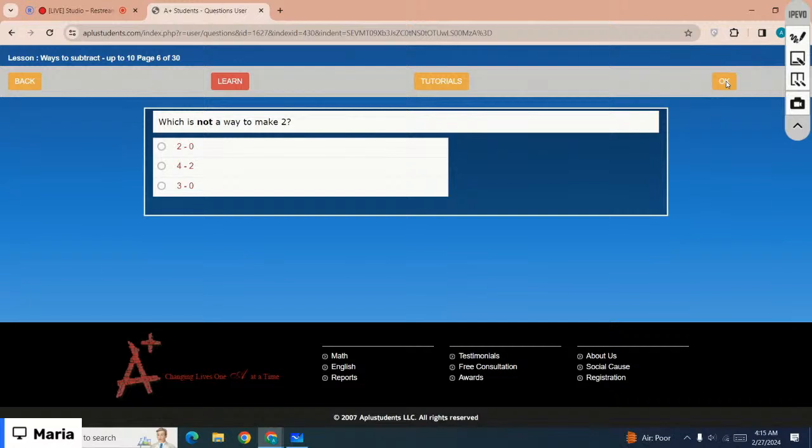So the correct one is 3 take away 0. That's the only option that doesn't make 2, right? So the correct option is 3 take away 0. Very good. The correct option is 3 minus 0.